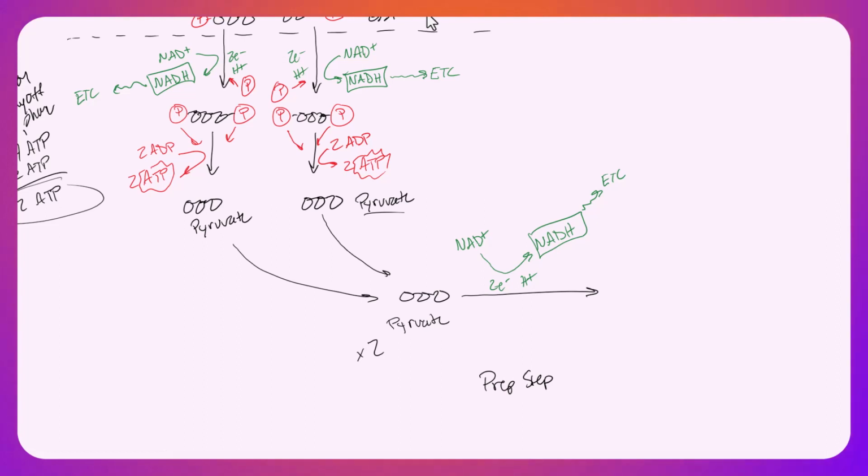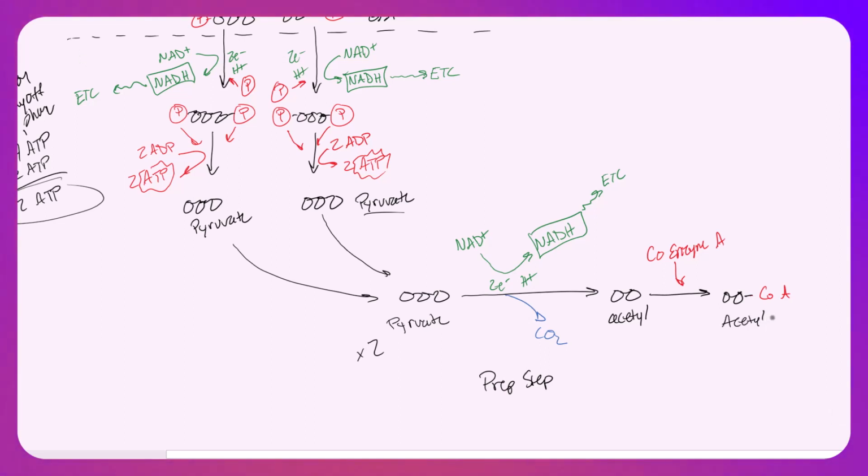And because it is oxidatively decarboxylized, we're going to cut a carbon off in the form of CO2, which is going to be released to the atmosphere, and it's going to turn that 3-carbon pyruvate into a 2-carbon acetyl, which is then going to be added to by bringing in coenzyme A and producing a molecule called acetyl-CoA. That marks the end of the prep step. Again, it happens twice because we produce 2 pyruvates.